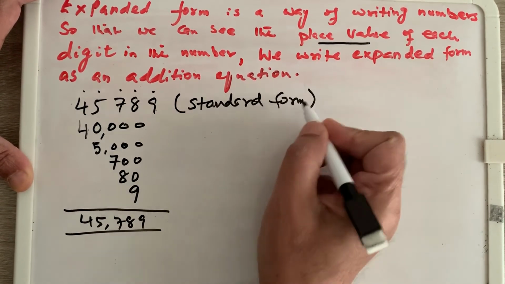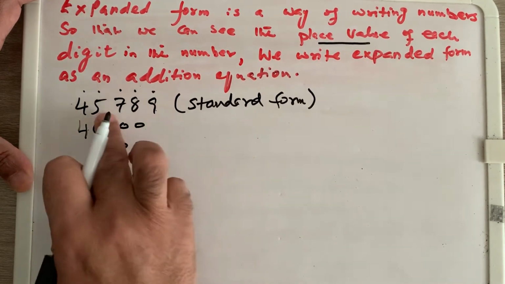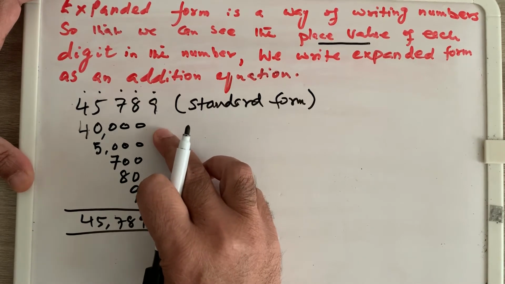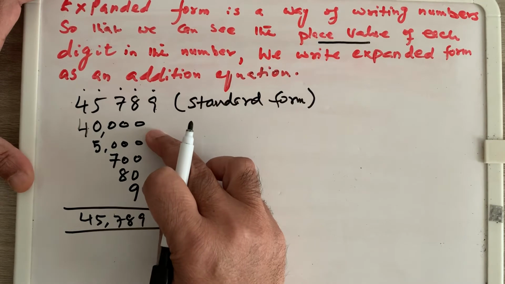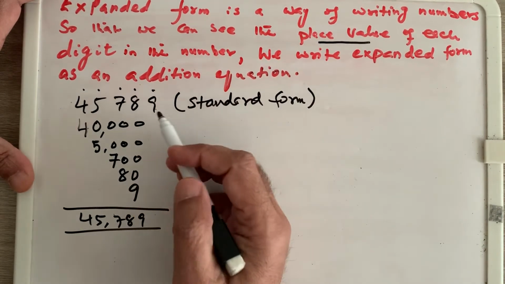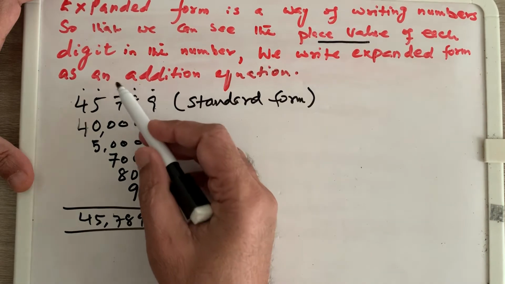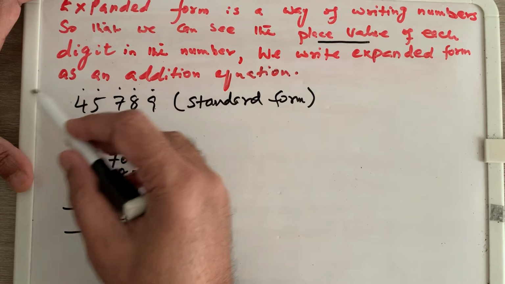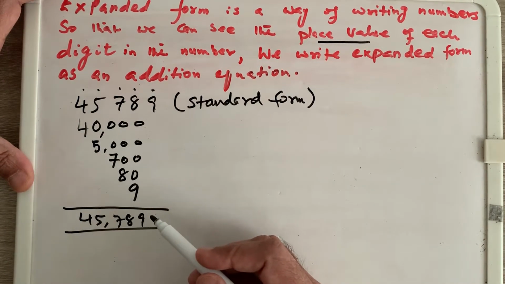If in any standard form we want to see the individual number's place value, then we need to expand it in a fashion that each number is governed by its place value. So we have the 1 place, 10 place, 100 place, 1,000 place, 10,000 place, then million and 10 million places, and so on and so forth.